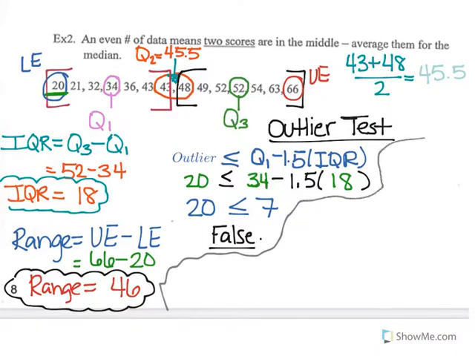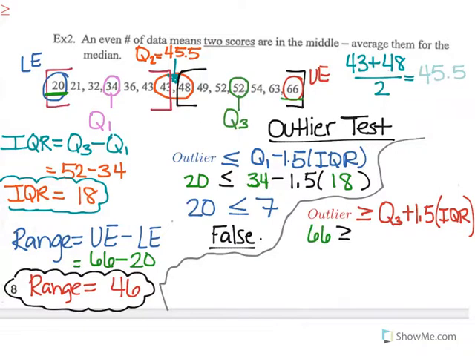So we know that there's no outliers down below, so now let's figure out if there's going to be an outlier in the upper end. And that formula is telling us that we have an outlier if that number is greater than or equal to Q3 plus 1.5 times our interquartile range. So the number that we will be checking will be 66, because that is the largest number in our list.